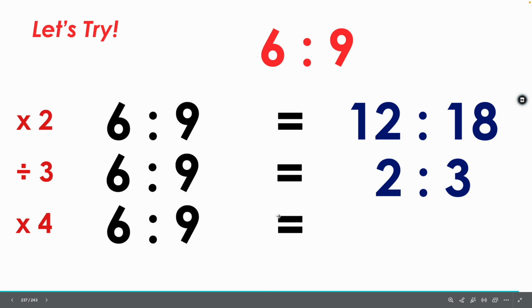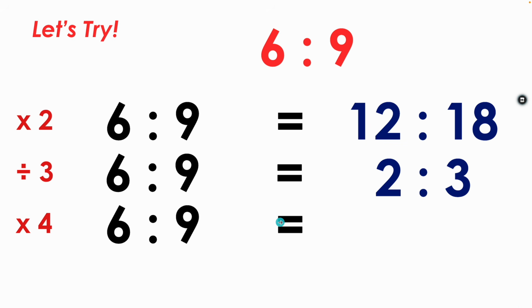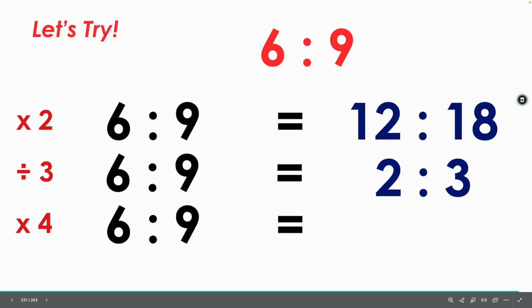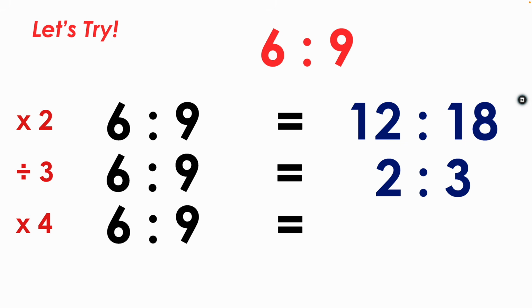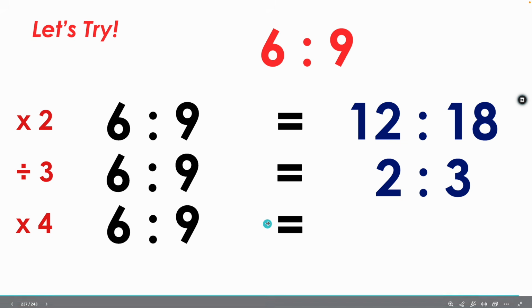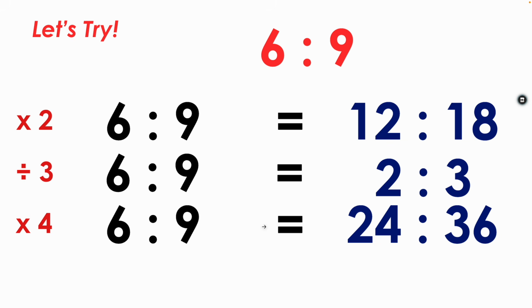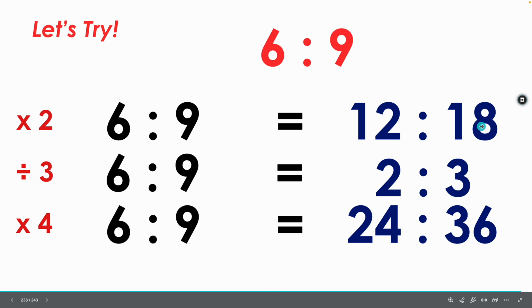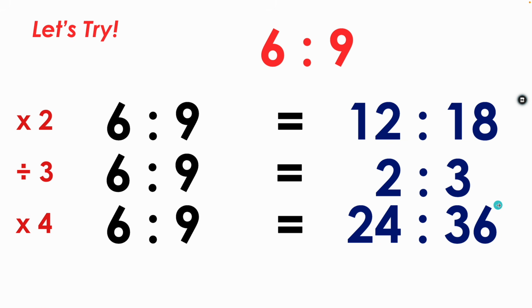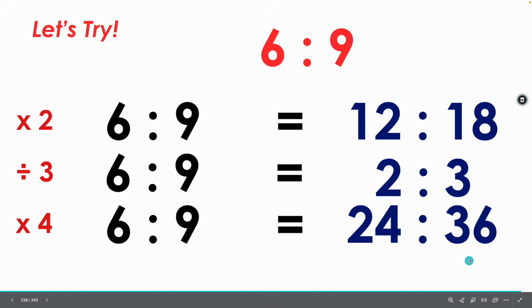So we have 2 to 3. Let's scale up again. 6 times 4 is 24, and 9 times 4 is 36. So we get 24 to 36. So now we have 12 to 18, 2 to 3, and 24 to 36 as equivalent ratios for 6 to 9.